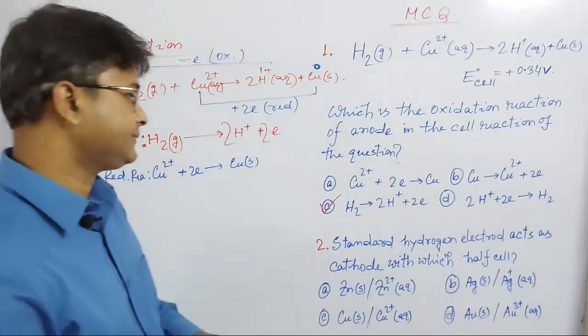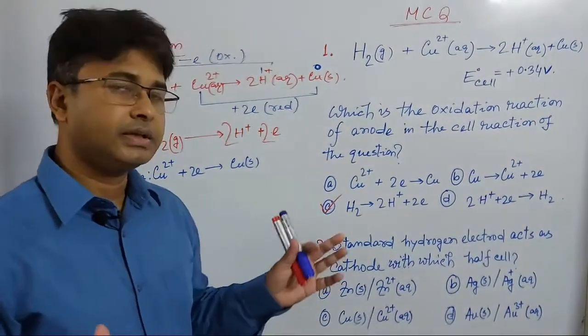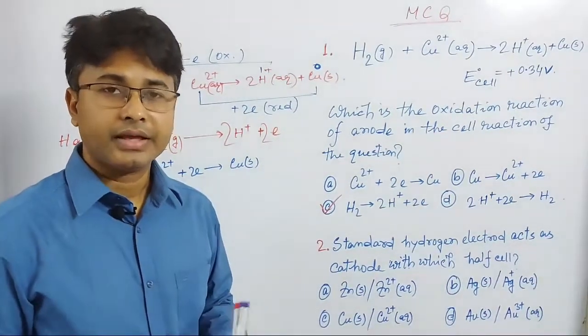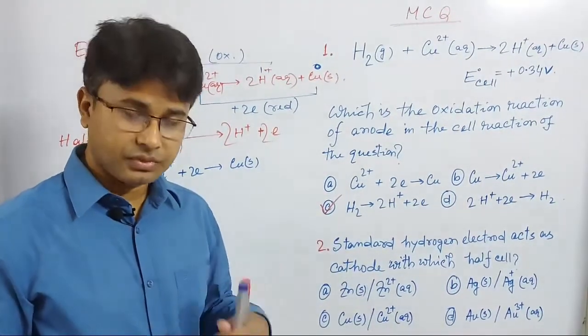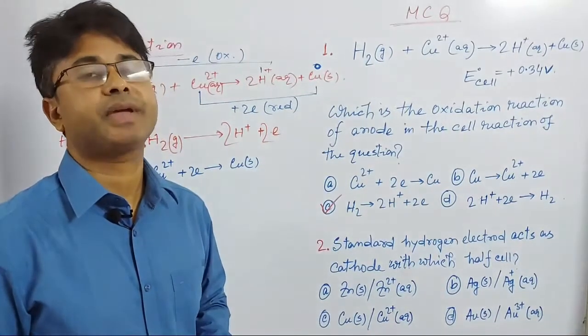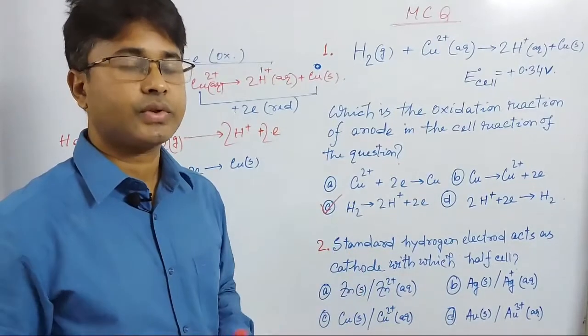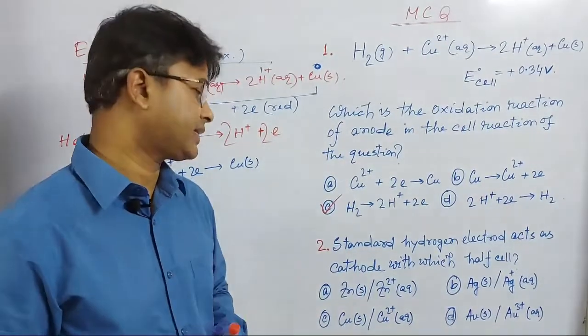You know that the electrode or the atom which is more reactive is made anode, and which is less reactive is made cathode.